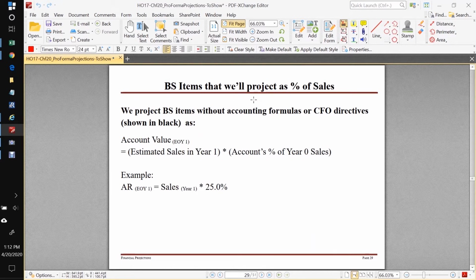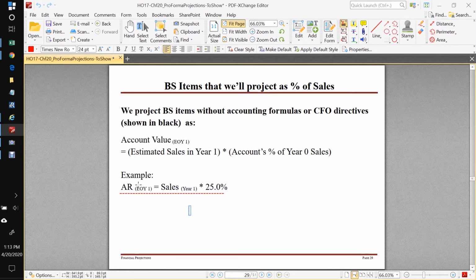So let's think a little bit about the things we are projecting as percent of sales. As we've seen before, the account value on the balance sheet for year one, which is always end of year one, is going to be estimated sales in year one times that account's percent of year zero sales. I've done this example for us on the previous page.